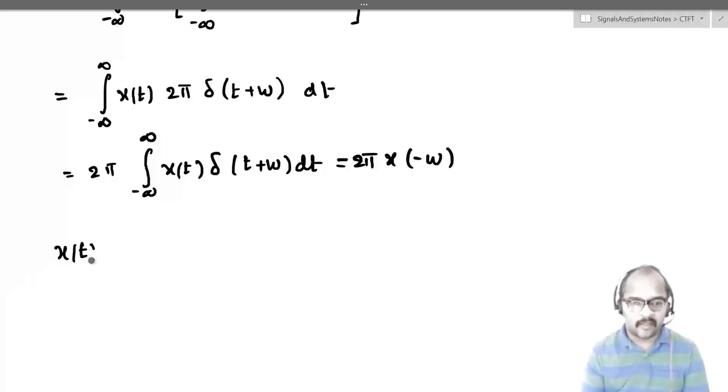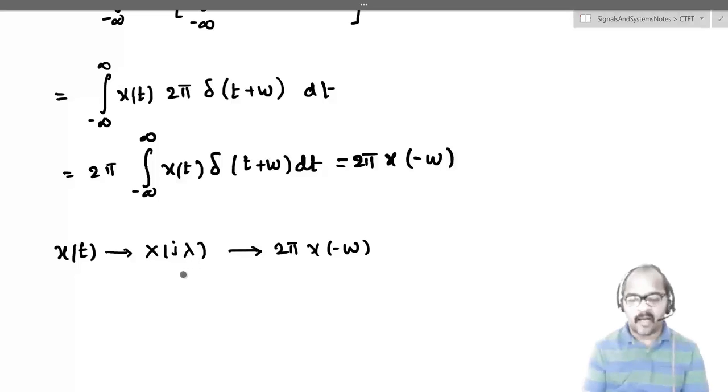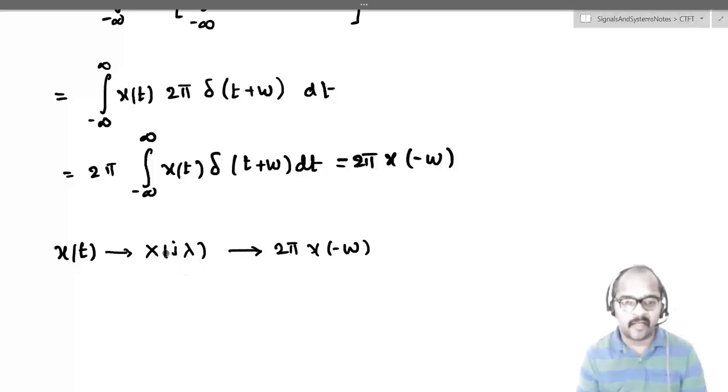We took the Fourier transform of x of t and called it X of j lambda, and if you take the Fourier transform of that, you get 2 pi times x of minus omega. Lambda and t are dummy variables, and hence we can say X of jt will have 2 pi times x of minus omega as its Fourier transform.